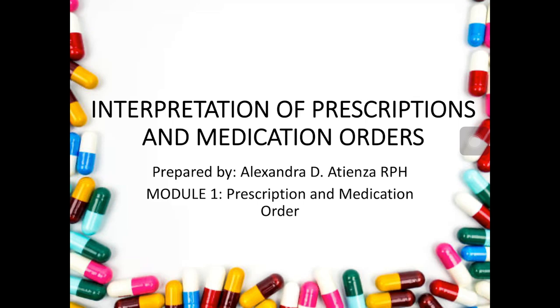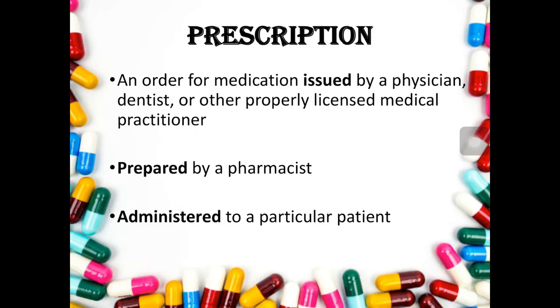The lecture is entitled Interpretation of Prescriptions and Medication Order. We start with Module 1 with a description of prescription and medication orders, its parts, and its purpose. Now let us first define what a prescription is.